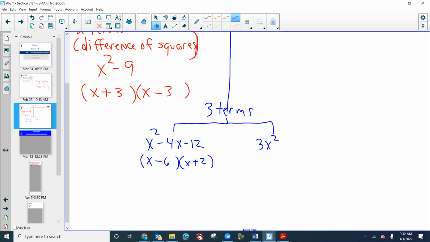Okay. The next 3-term thing we worked on was this. If my leading coefficient isn't 1, and it looks something like that. And by the way, this is a great review for you guys that haven't taken the quiz yet.